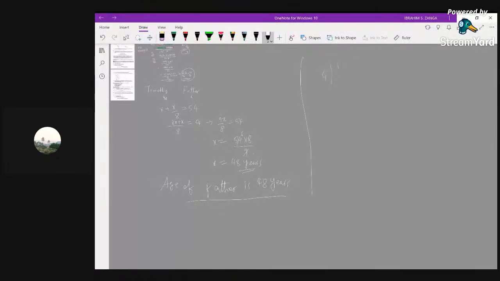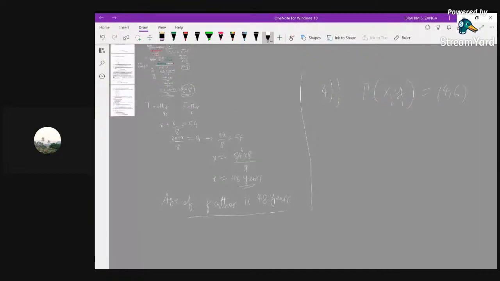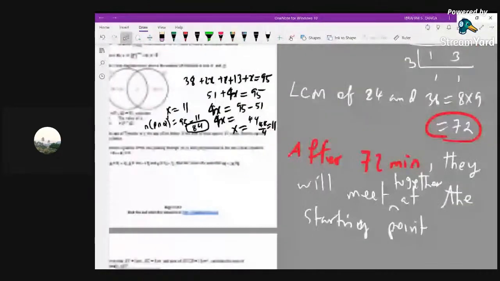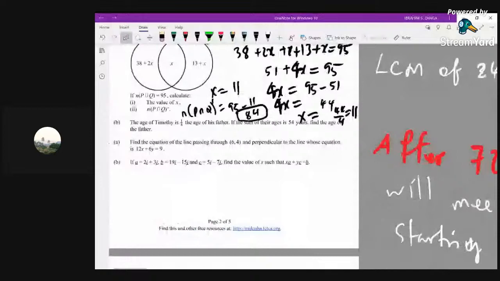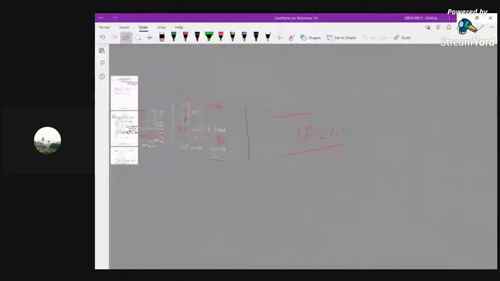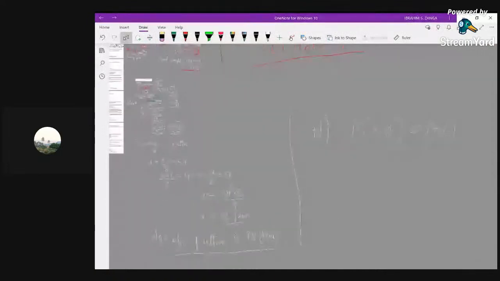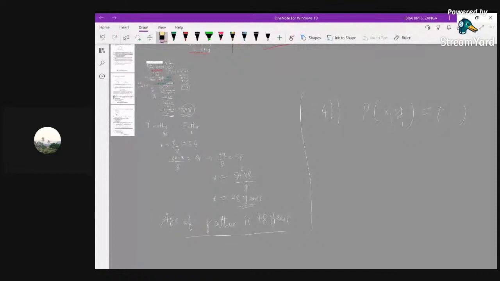We are given a point (x1, y1) equals (6, 4), and the line is perpendicular to 12x plus 6y equals 9.